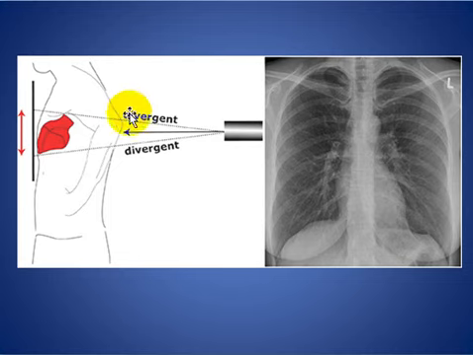As we see here, the X-ray comes from the back to the anterior, and the heart is an anterior structure, so there is no magnification of the heart. And the arms are on the loins here to move the scapula away from the chest wall.